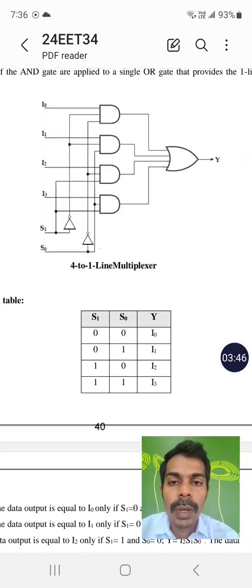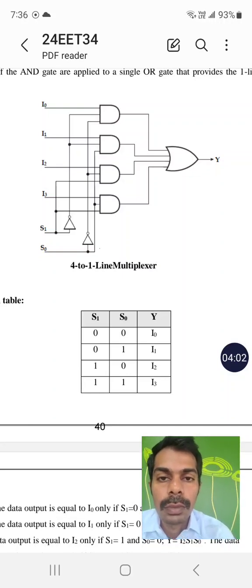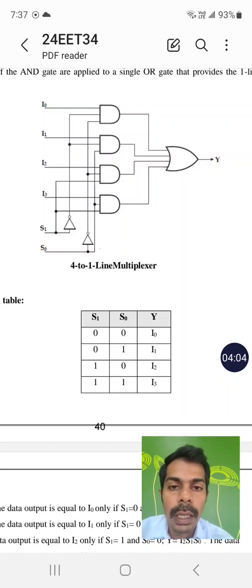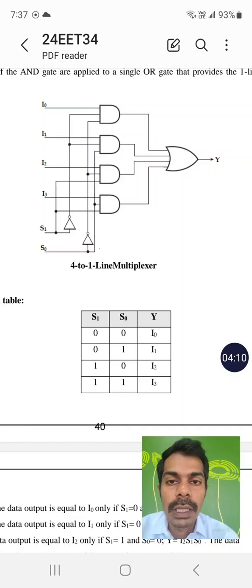The input from I0 should appear in the Y, whether the I0 may be 0 or 1. You are giving S1 0 and S0 0. Look into this line of S1. It is NOT gated and it moves to the first AND gate, and S0 is also NOT gated and it moves to the first AND gate.